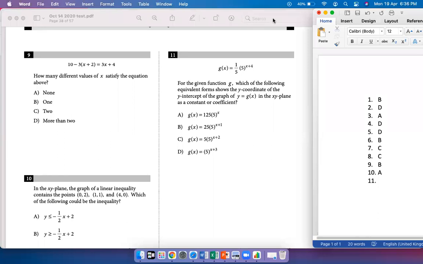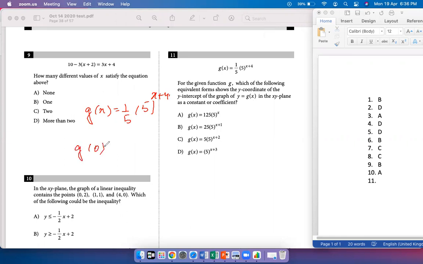Okay, for the given function g, which of the following equivalent forms shows the y-coordinate of the y-intercept of the graph of y equals g(x) in the xy plane as a constant or coefficient? Okay, so let's find the y-intercept first. So g(x) is 1/5 times 5 to the power x plus 4.